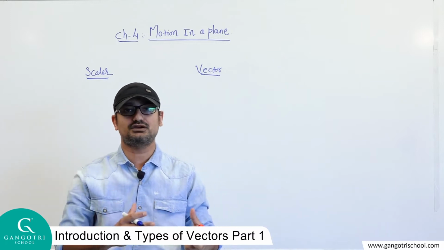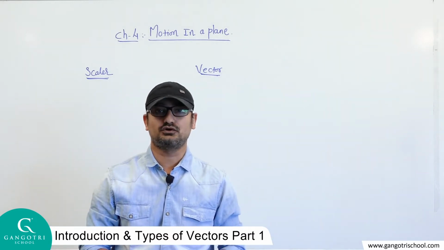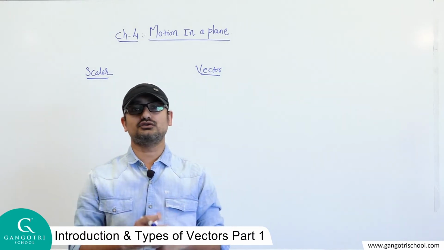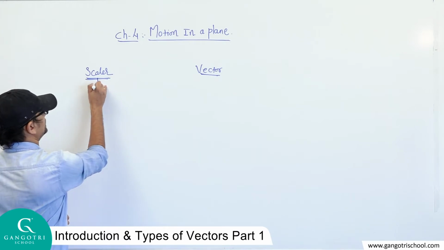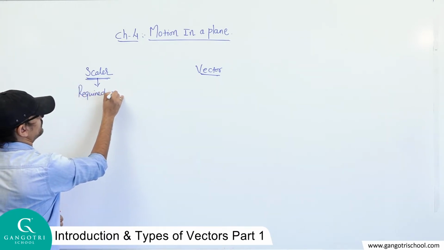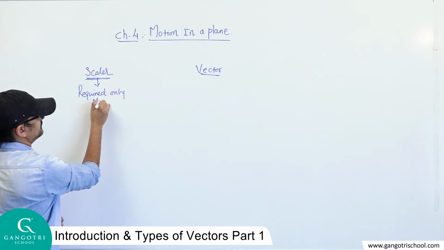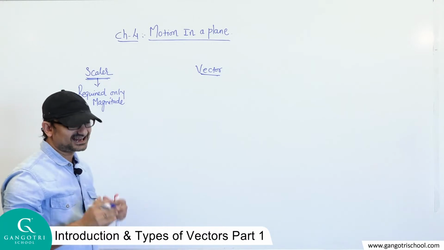Direction is not involved with that physical quantity. So a physical quantity which requires only magnitude is known as a scalar quantity.